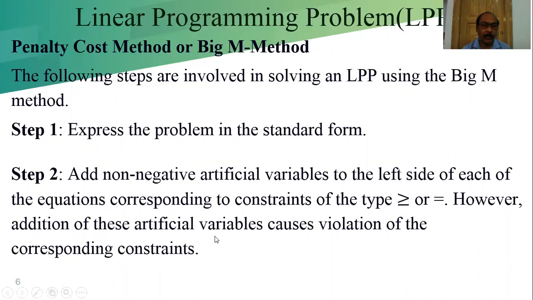However, the addition of these artificial variables causes the violation of the corresponding constraint, because it is an equality. Again, we are adding some variable on the left hand side. That is, we are doing it artificially, and basically it violates the equality in the left hand side of the constraints.